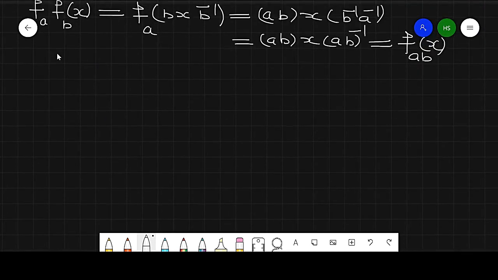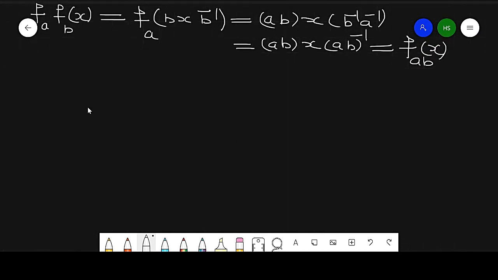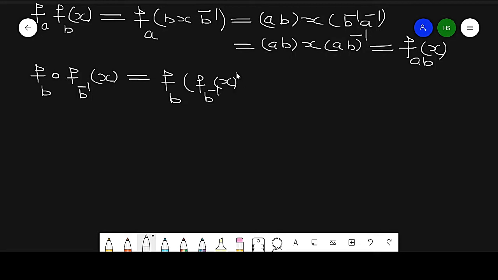Also, what is the inverse of f_b? Consider f_b of f_b inverse of x.